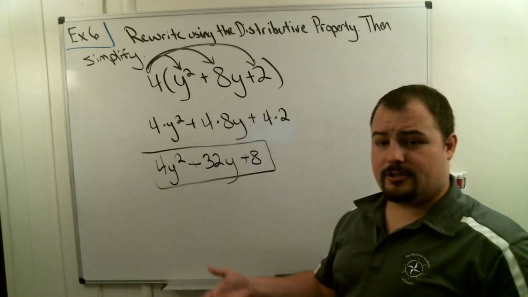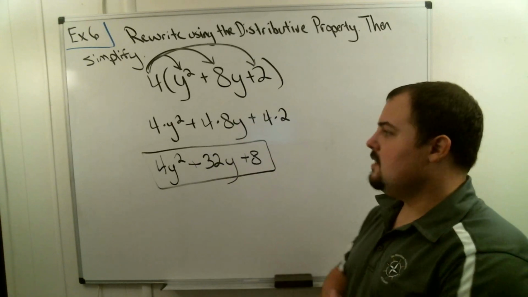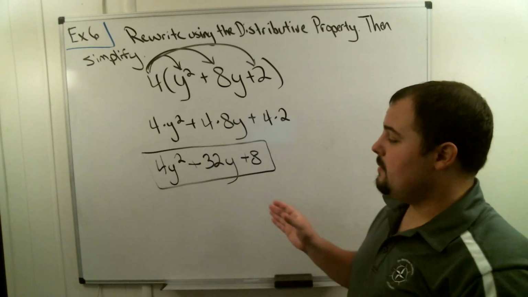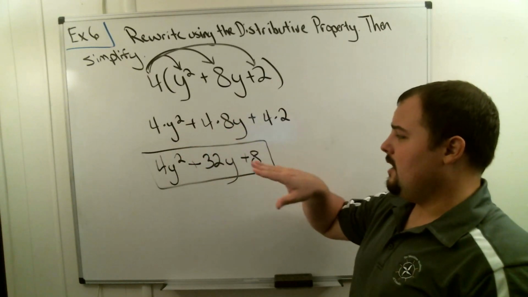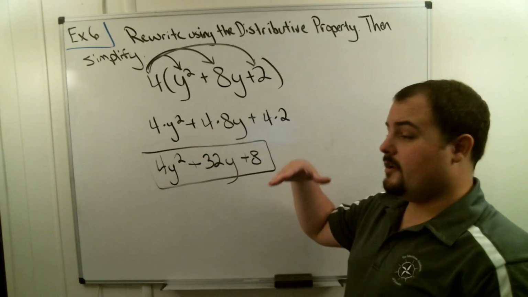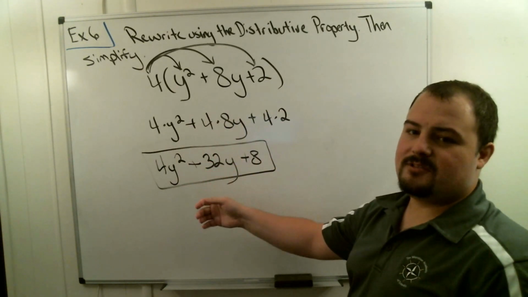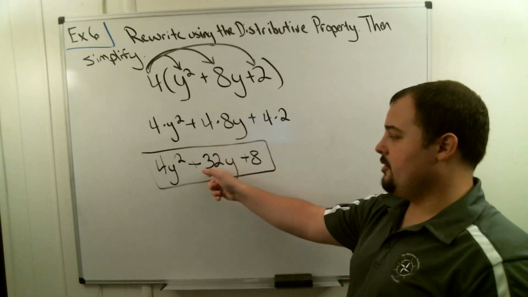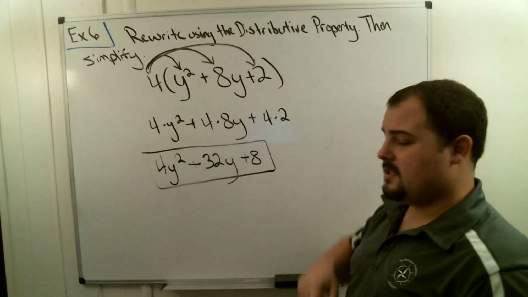We cannot put these together, these y's, but what we're able to do is put 4 and y squared together. 4 times 8y, well, I have 8y 4 times, so I have 8y, 8y, 8y, 8y. Well, instead of writing it 4 times, all I can do is say, what's 4 times 8? That's 32. I have a total of 32 y's. 4 times 2, that's 8.